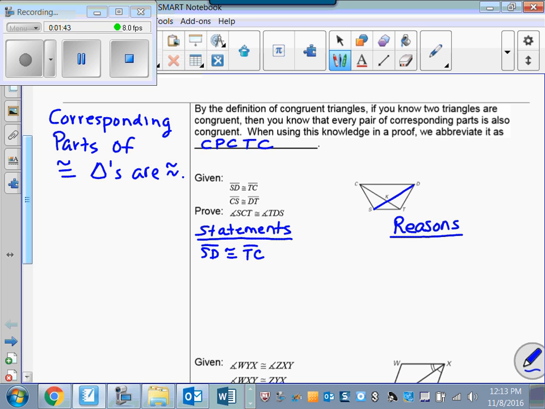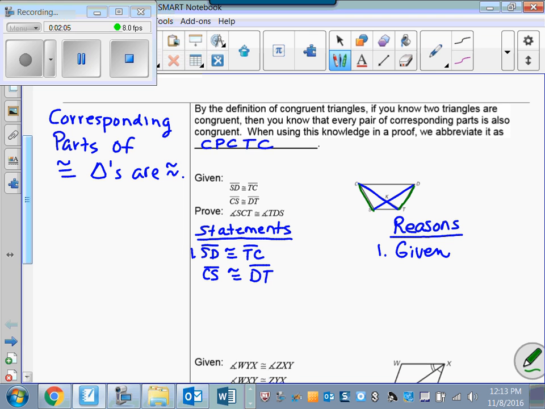Here's TC, and that's given. And also given to us is the fact that CS is congruent to DT. I'm going to mark those with a different color. CS is congruent to DT.